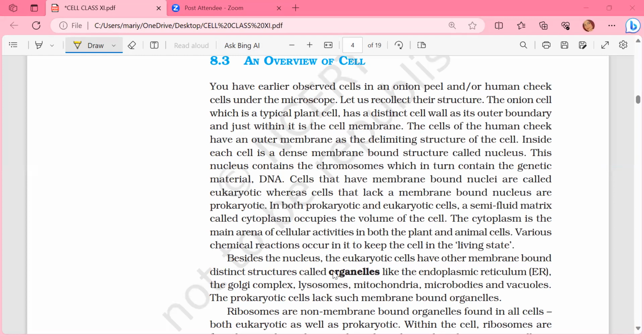When we saw the onion peel under the microscope, we found that all the parts of that piece were made up of the same types of cells. And when we saw the human cheek cells, we found that there was a dense membrane bound nucleus there.